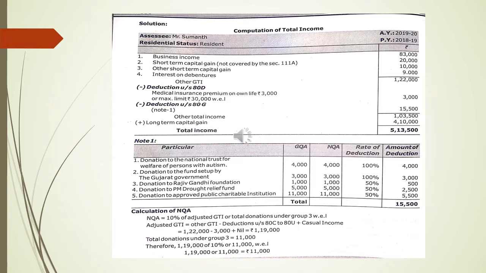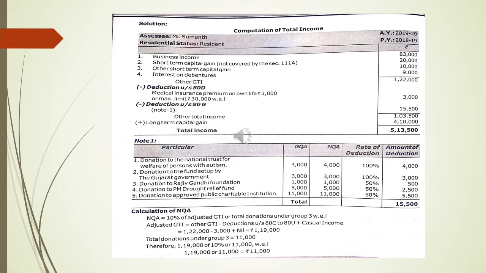Donation to the fund set up by the Gujarat government is 100% deductible. So entire 3,000. Donation to Rajiv Gandhi Foundation is 50% and your gross qualifying amount is 1,000. Out of that 1,000, only 50% means 500 is deductible. Donation to Prime Minister's Drought Relief Fund 5,000, out of which 50% is only eligible, so 2,500.